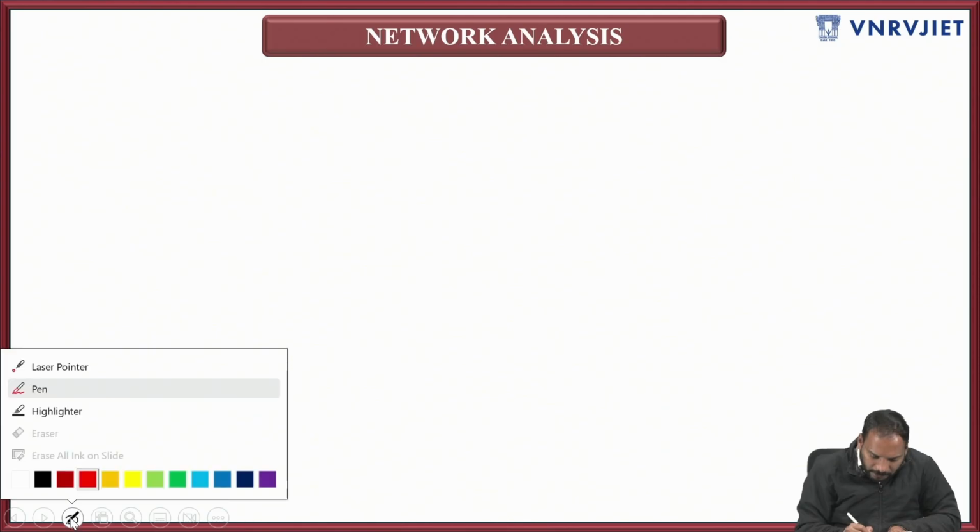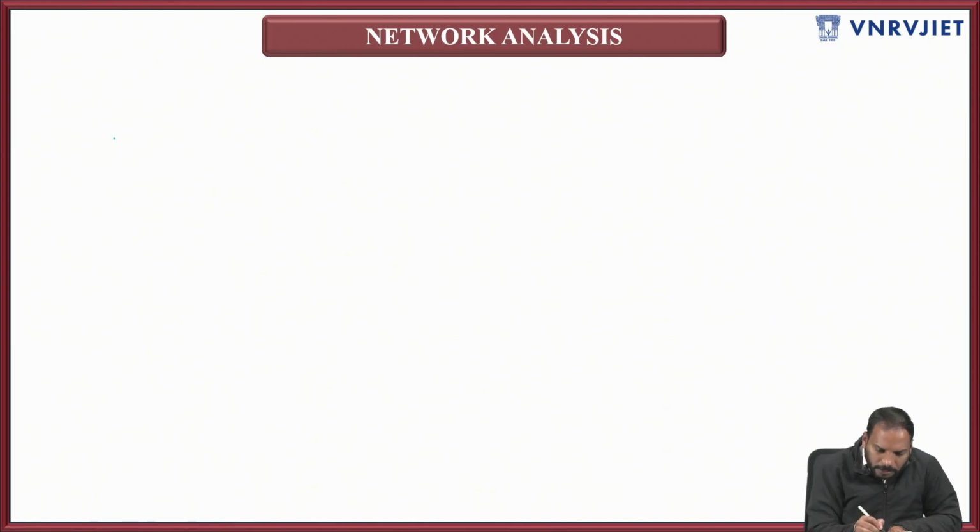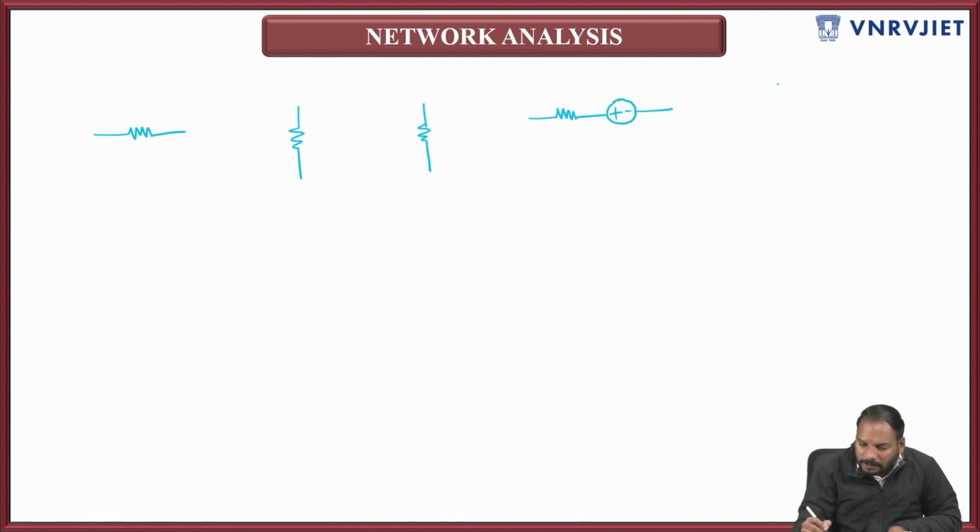So let us consider a small circuit. A resistor is given something like this, a resistor, a resistor, a resistor, and a voltage source is given something like this.